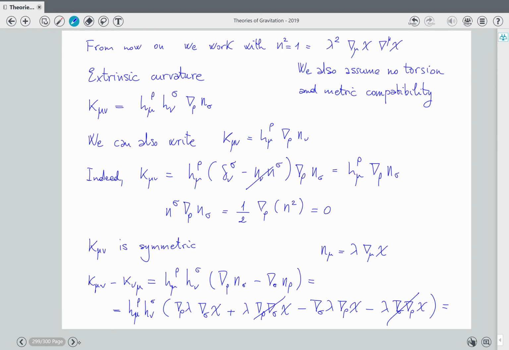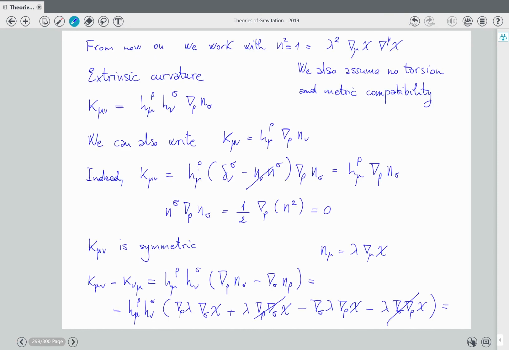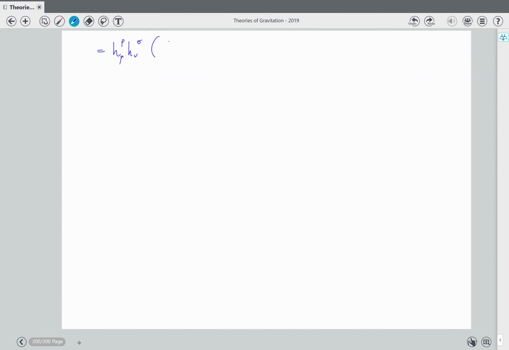You have h_mu^rho h_nu^sigma, and then we use this again. The gradient, apart from a factor lambda, is n. So we have del_rho lambda divided by lambda n_sigma minus del_sigma lambda divided by lambda n_rho. Lambda cannot vanish.